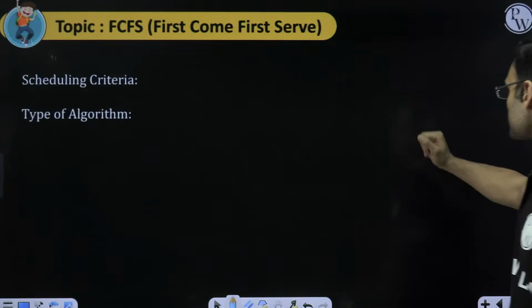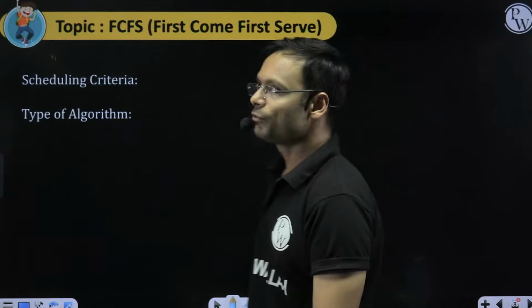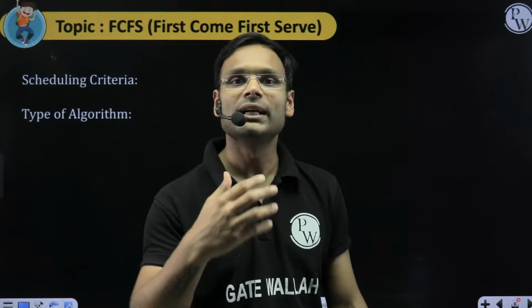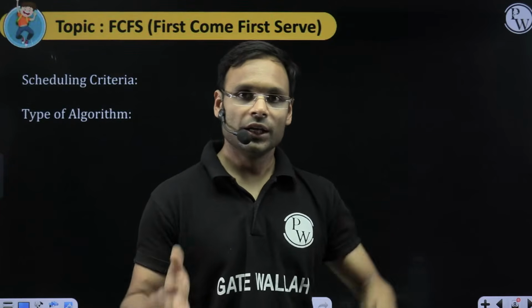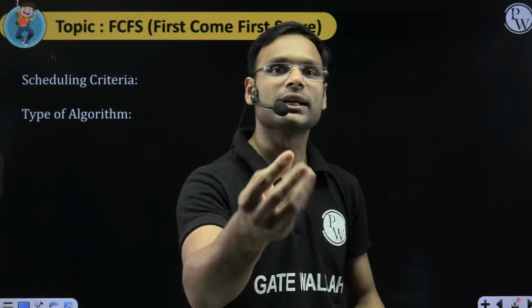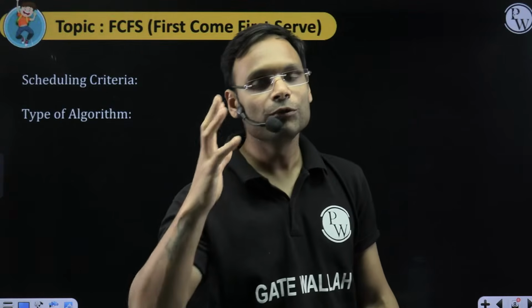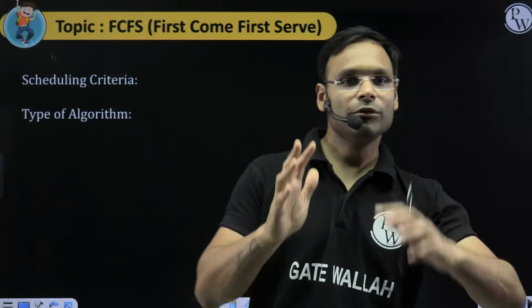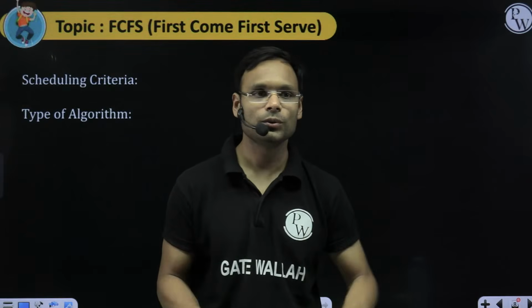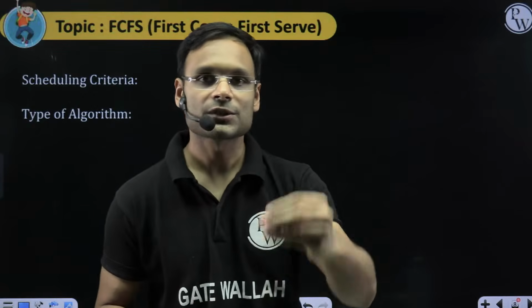Let's go with the first algorithm, FCFS, first come first serve. See, this particular thing you have seen in your entire life everywhere. You get into the queue, whichever person comes first will get the ticket first or get the food first. Whatever you are waiting for, if you are in the queue, follow the queue. Your chance will come as per your arrival.